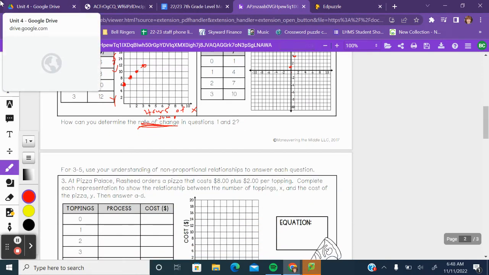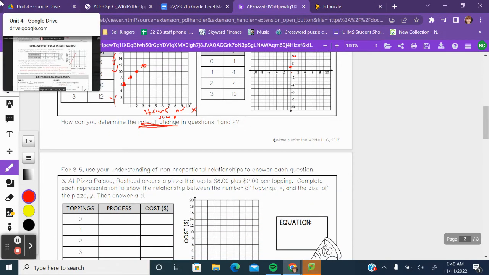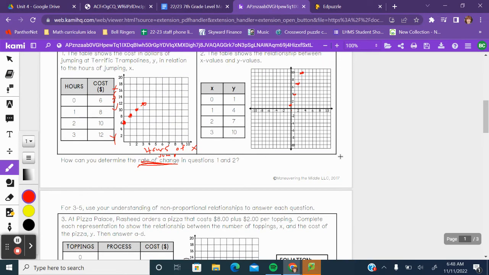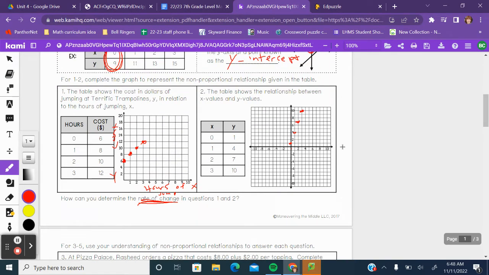We actually can. And how we do this is, let's look at this here. First of all, if I don't jump any hours, I pay $6. But then if I jump 1 hour, I pay $8. So what's the difference there? What's the difference between $6 and $8?